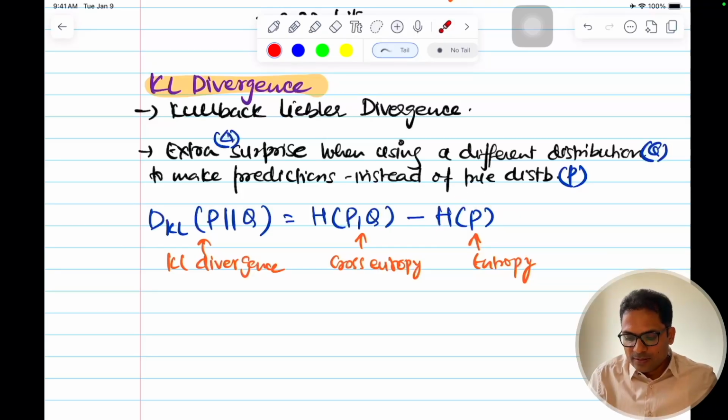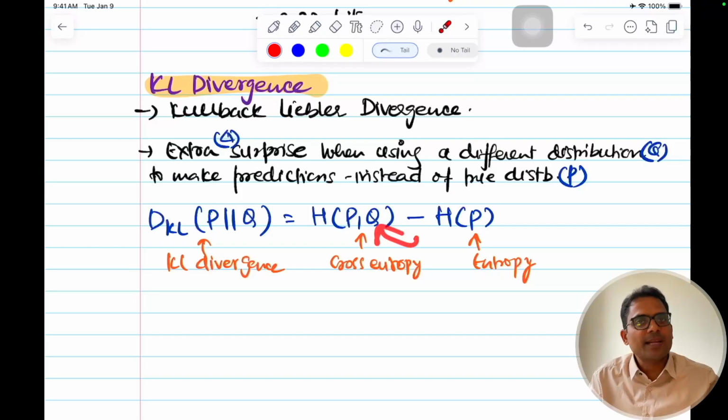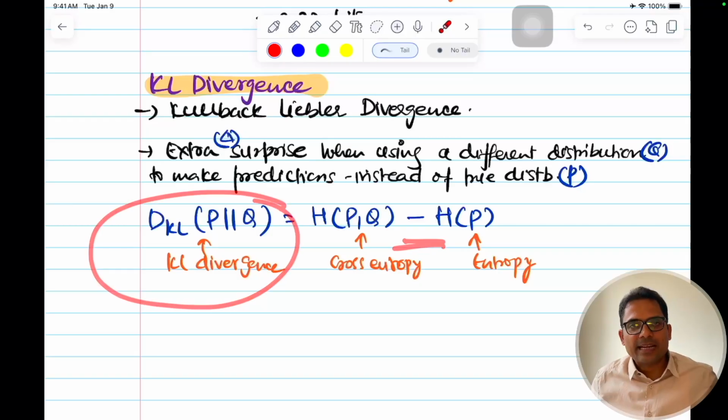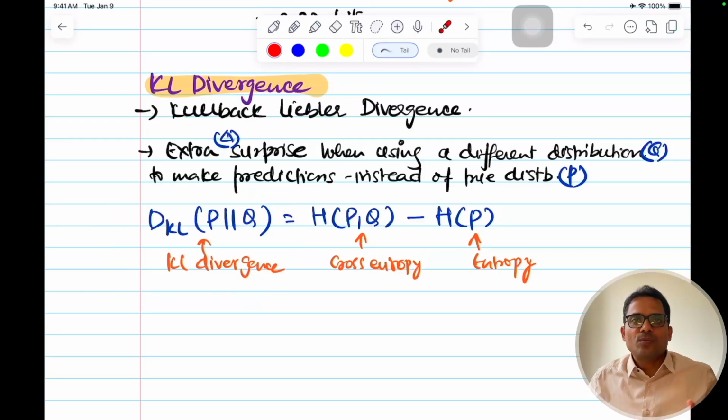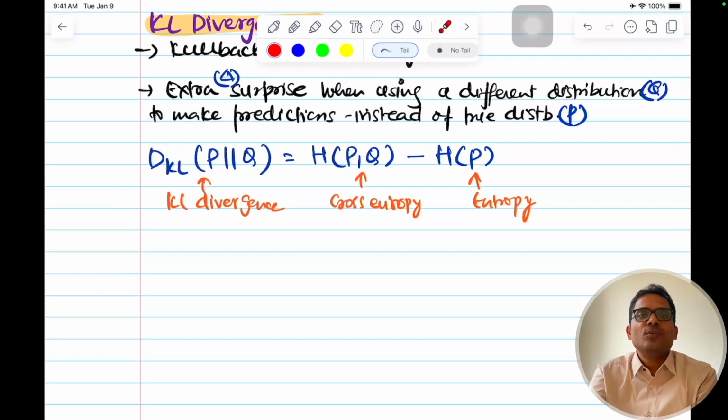The cross entropy is what I get when my distribution was something else but I'm trying to predict it using my model. The difference between the two gives me the KL divergence, how much extra surprise we have got because of the model.